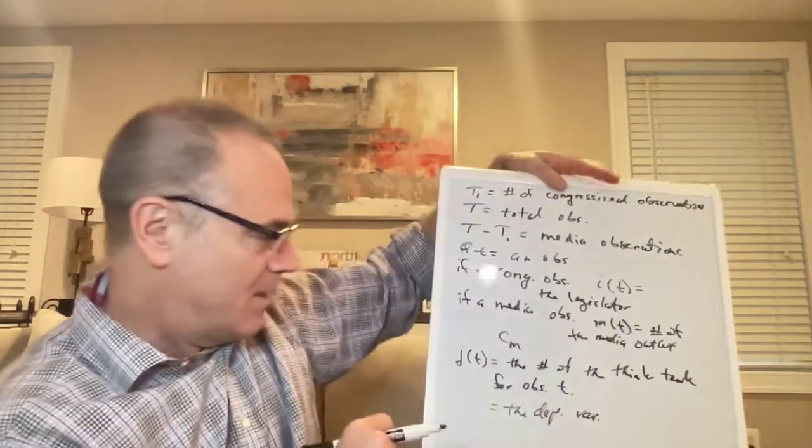Then we multiply those all together. That's the product, and that's going to be the likelihood function.